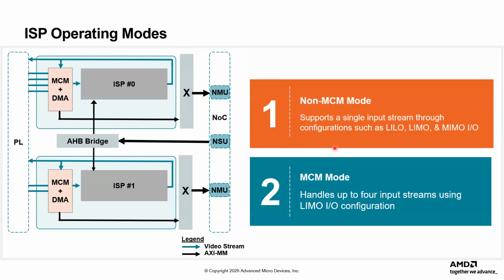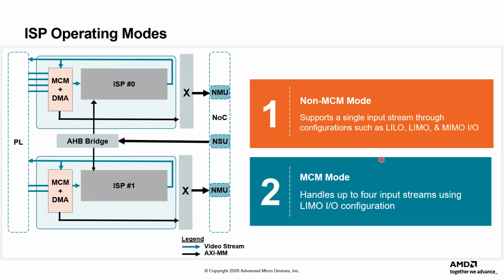So the two different modes here are either none or the multi-stream mode. If it's none, then we just have a single input stream, and these are our options. I can do live in, live out, which means I could support an incoming video stream and output a video stream.